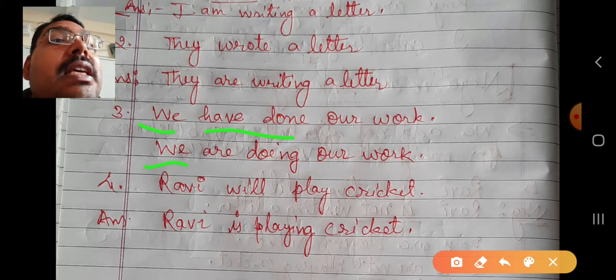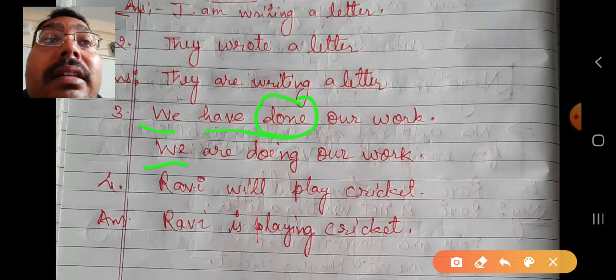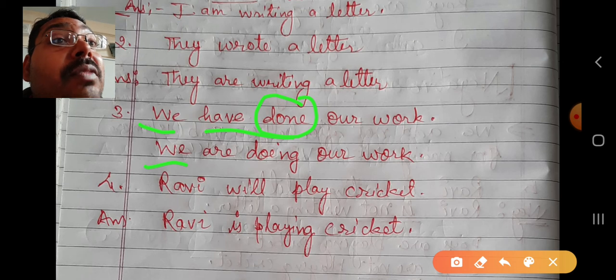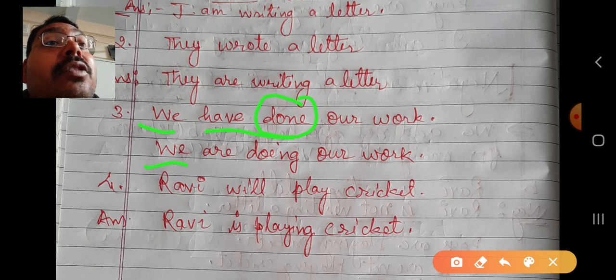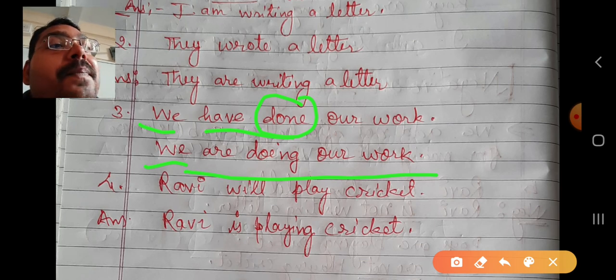So we are. And now done is the third form. Do, did, done is the third form of the verb. We need to first extract the first form of the verb. What is that? Do. And we add ing there. So what will it become? It will become doing. So we are doing our work. In this way, you can simply change the sentences into present continuous tense.